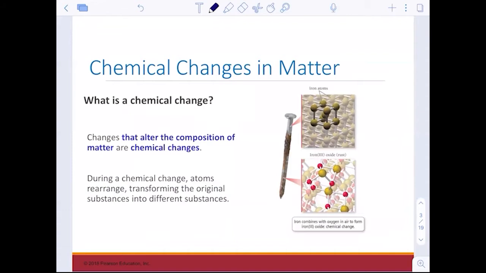On the other hand, a chemical change of matter is one where the actual chemical composition is changing. Those are the ones we tend to focus on most in this section, where something like iron, which is a solid, reacts with oxygen gas and it forms iron 3 oxide, which is a solid.